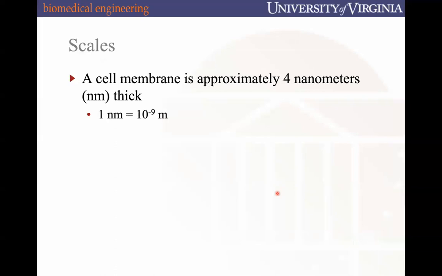Just as a reminder, we talked a little bit about scales in the pre-lecture, and this phospholipid bilayer that makes up the cell membrane is generally about 4 nanometers thick. 1 nanometer is 10 to the negative 9 meters. If you imagine from the pre-lecture, this is going to be way smaller than even just the cell.